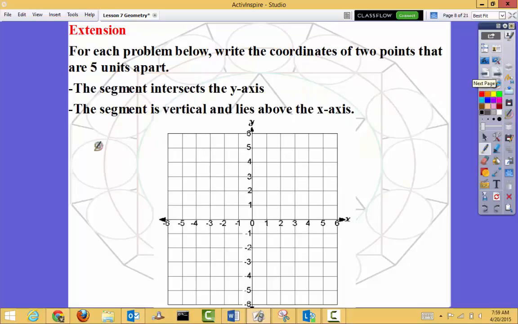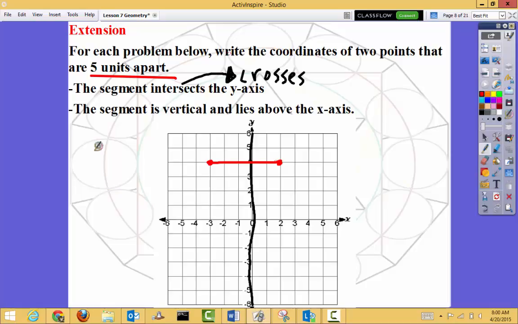Okay. Here's our next one. The segment intersects the y-axis. So remember, intersect means what? Intersect means crosses. And y-axis is this line right here. So it needs to cross that line. So let's just pick a point. And how far does that have to be? 5 units. So I need to go 1, 2, 3, 4, 5. And I need to write them out.